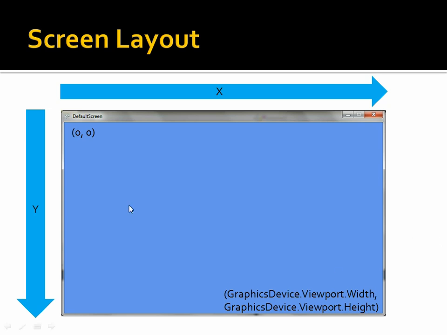You actually can query the position on the screen. This is kind of just thrown in there for reference. It's GraphicsDevice, which is the global object of the game component, .Viewport, .Width, and .Height. The viewport is the section of the screen that is actually being viewed. When you're dealing with your standard 2D game like we're going to be dealing with here, you basically paint everything into the viewport.